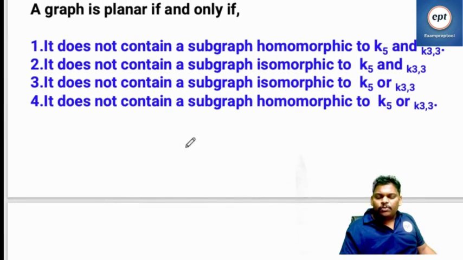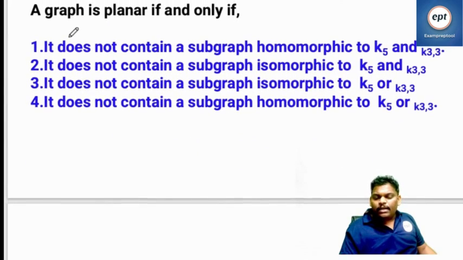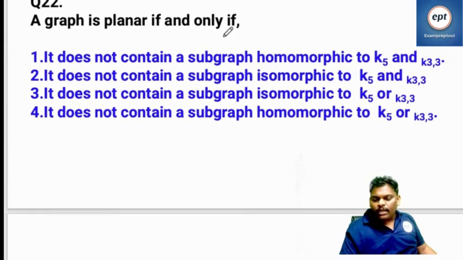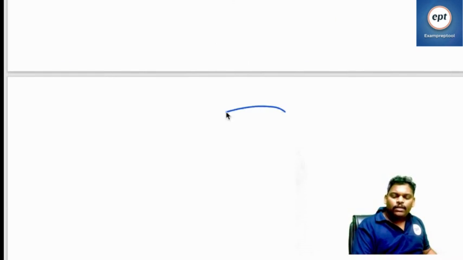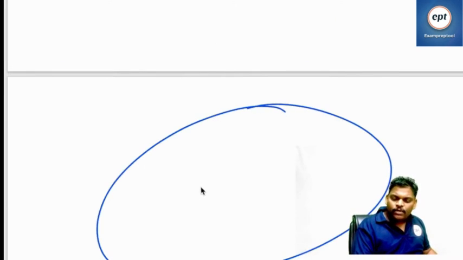And one more, this problem also everyone knows. A graph is a planar graph if and only if... You know very well. If you want to say a graph is a planar graph, listen.